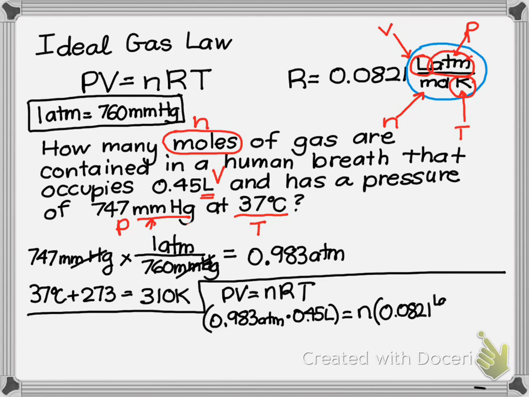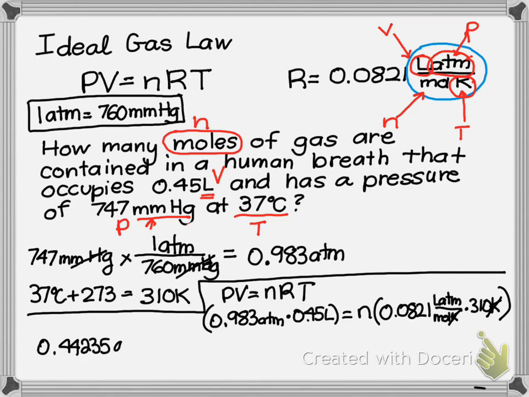0.0821, with all these units here, and I'm multiplying that by 310 Kelvin. If you're watching units at this point, Kelvin cancels out. So I have 0.983 times 0.45, which is 0.44235.